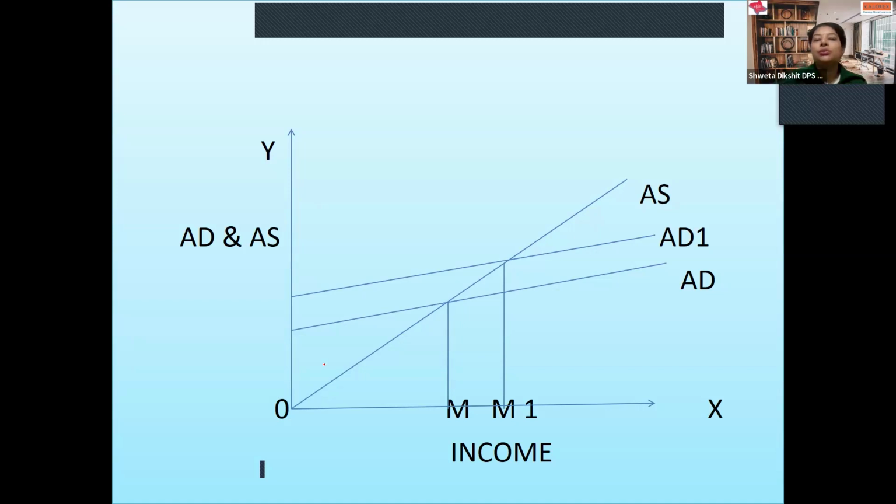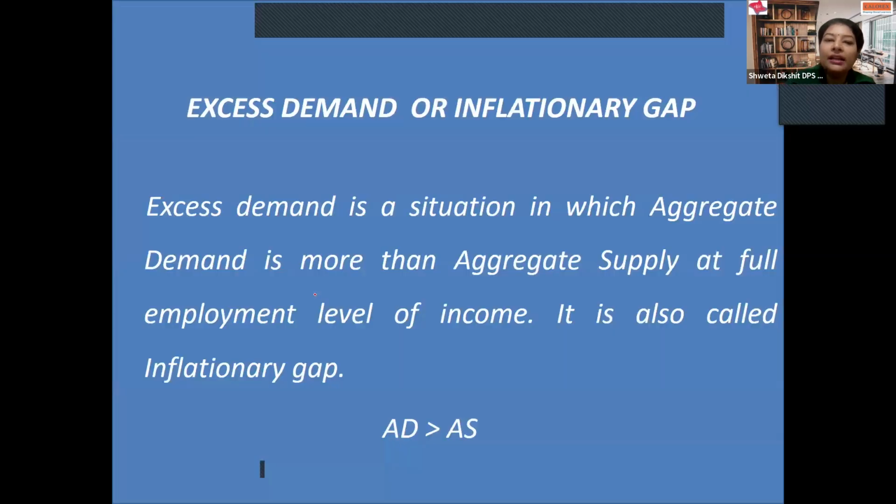Now, children, coming to the next topic, which is again a 6 mark or 4 mark question, that is inflationary and deflationary gap. I repeat, inflationary and deflationary gap. See, inflationary gap or excess demand. There are two situations. The first situation is excess demand. When AD is greater than AS, that is known as the excess demand situation.